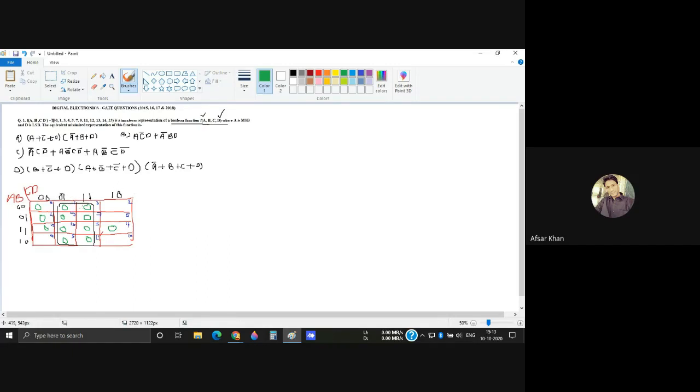Okay. So what will form? This is one octet, and see, this quad will form, and again this quad will form.